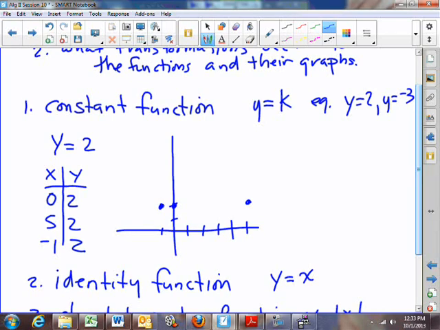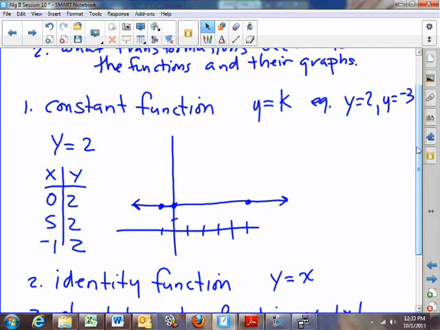I think you can see if we were to plot more points, we would pick x's, y would always be 2, and so we would end up with this line. To describe this line, it's a horizontal line going through 2 on the y-axis because, of course, y equals 2. So the constant function will be a horizontal line going through whatever the constant is on the y-axis.